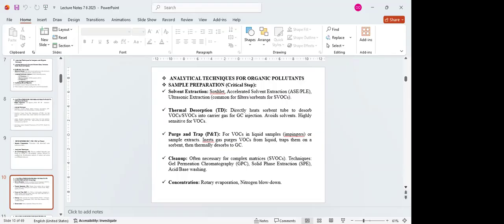The other one is the cleanup process. This is important because of the complex matrix of the VOCs, and they need to be handled carefully. Such techniques as gel permeation chromatography are mostly adopted, while solid phase extraction and acid-base washing are also deployed.